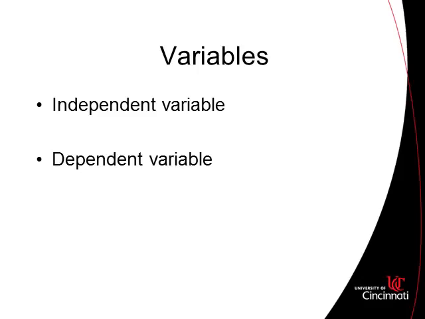Let's say that you were reading a study where the researchers divided the subjects into two groups, and they gave some sort of educational intervention to one group, and they didn't give it to the other group, and then they looked at maybe skill level a month later. Your independent variable, or your predictor, would be whether they got the education session or not.